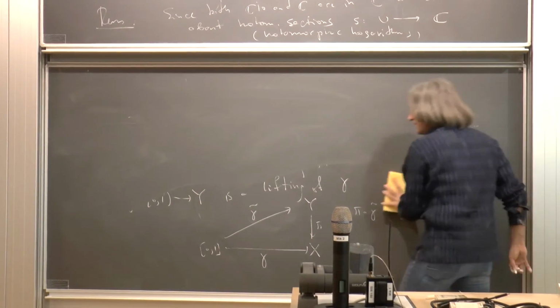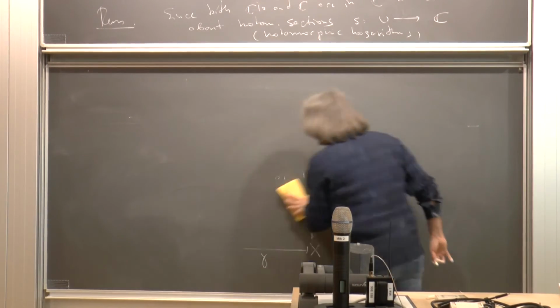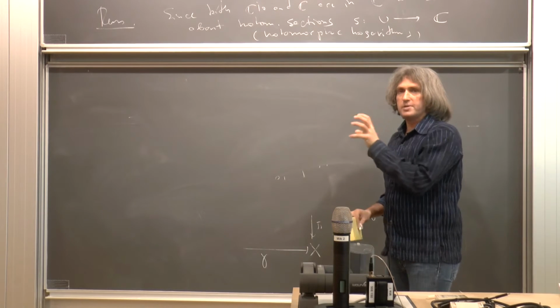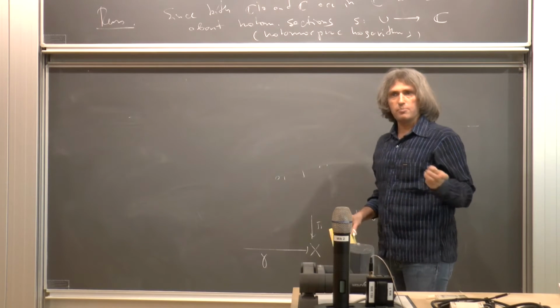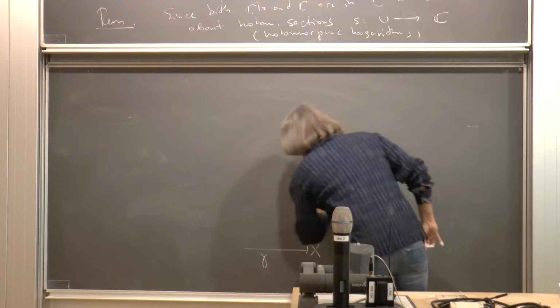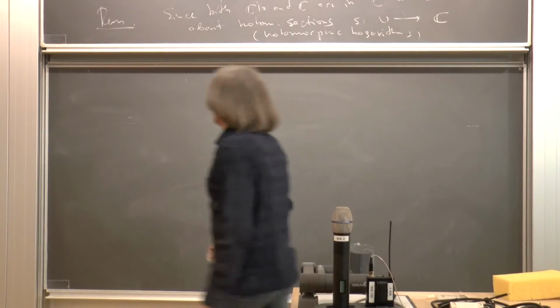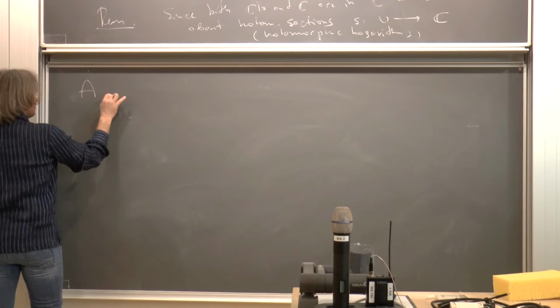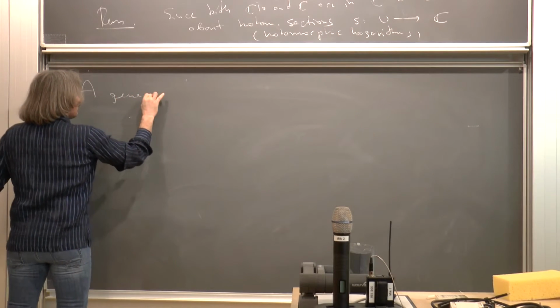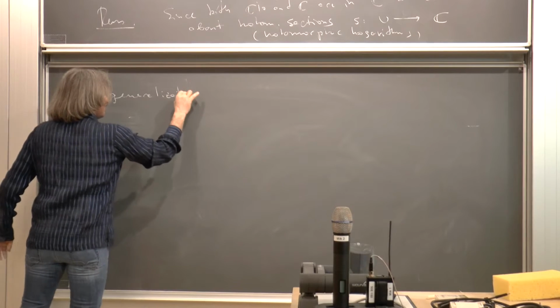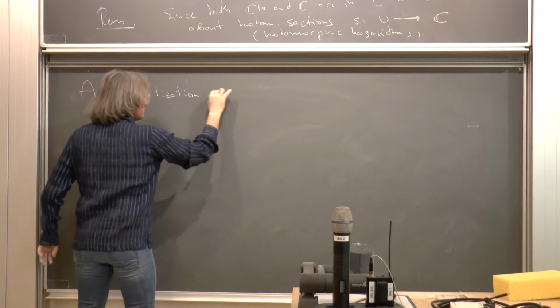So it will always be a local construction, and then you cover the whole path with neighborhoods where it works, and then you prove that you can do it with infinitely many of them. Generalization of this theorem.